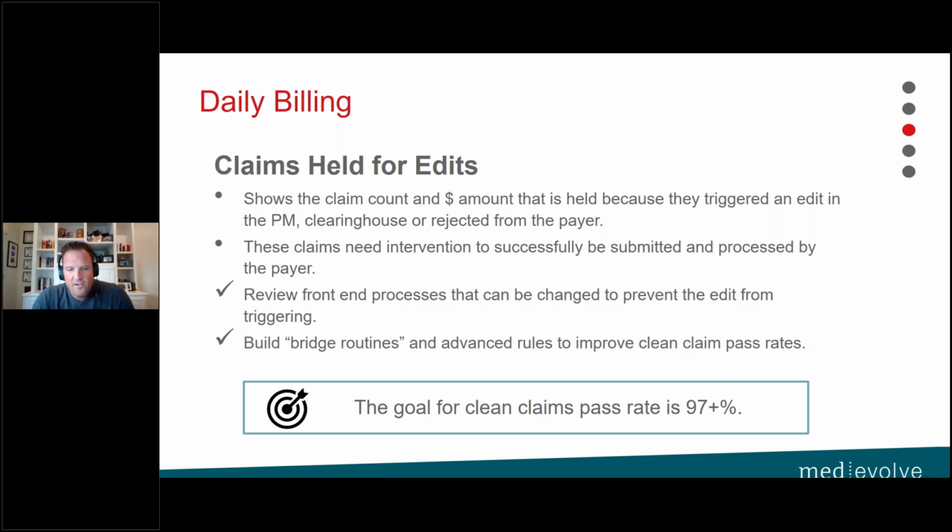Clean claim pass rate, 97 to 98% is what folks are looking at. One thing I want to introduce is that people get hung up on clean claim pass rate, but what we actually look at at MedEvolve is how many claims go out the door and get paid without any intervention.